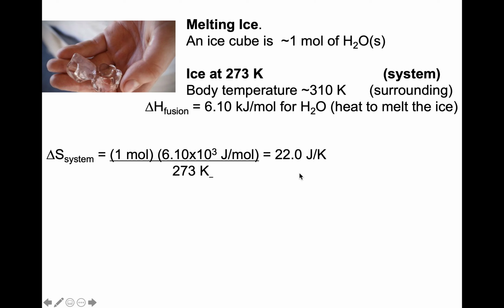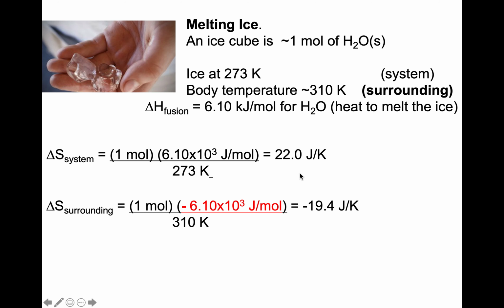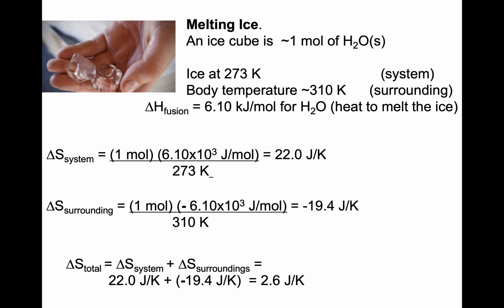This would be the entropy going up for the system. The entropy is going down for the surroundings, for my hand. Here we have the entropy decreasing because it's an exothermic process. And notice the amounts here. Overall, if I'm holding that ice cube in my hand, the overall entropy is going up.